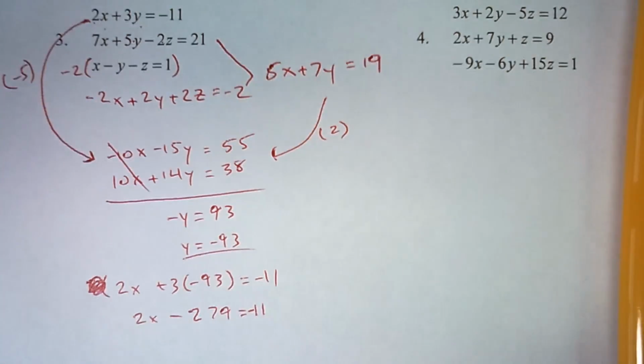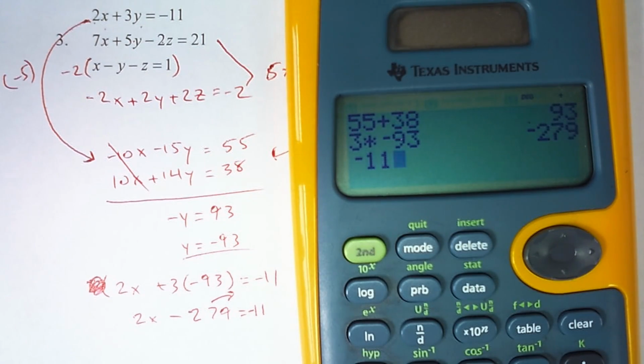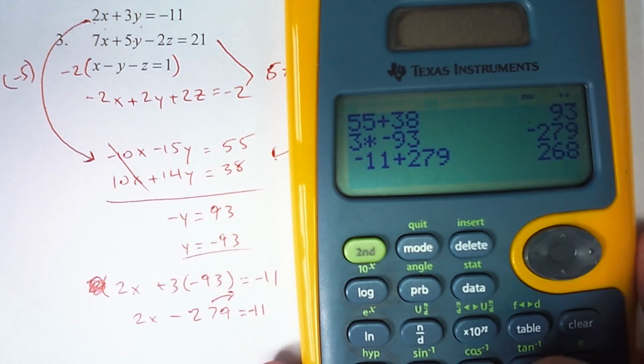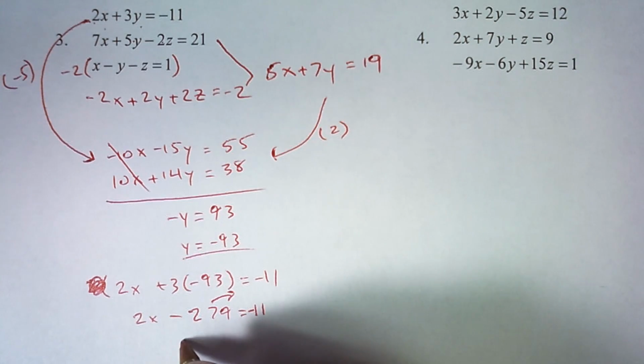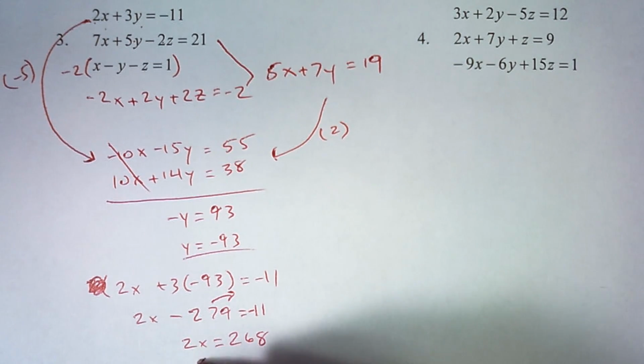Okay, then I'm going to bring this over, so I've got negative 11 plus 279, and that is 268. So 2x equals 268. And then divide by 2, and 268 divided by 2 is 134.